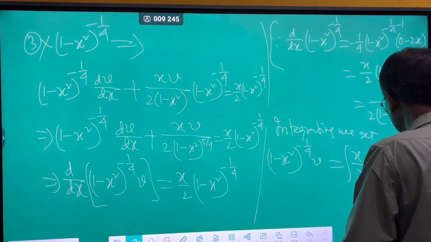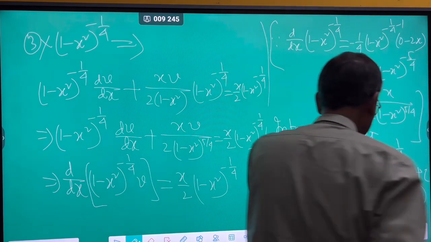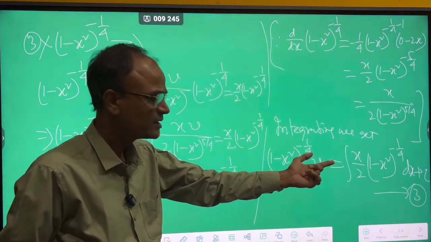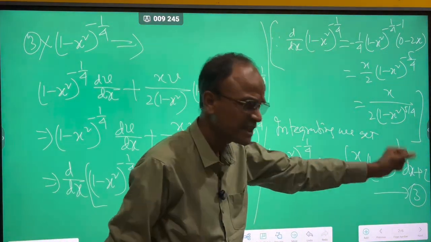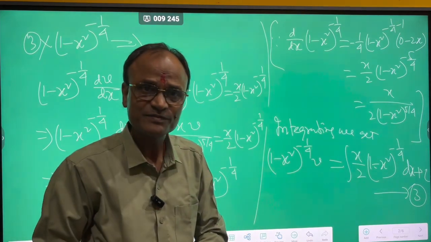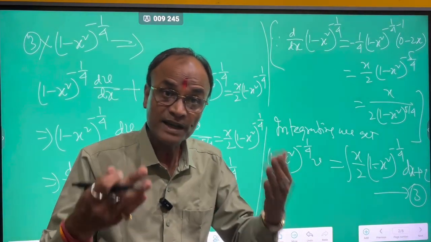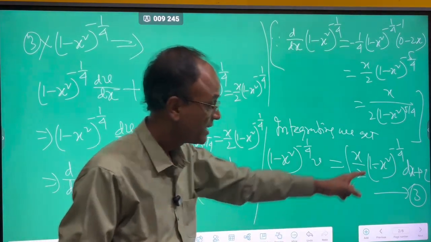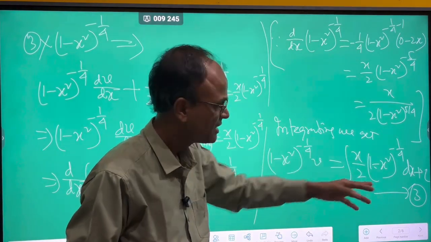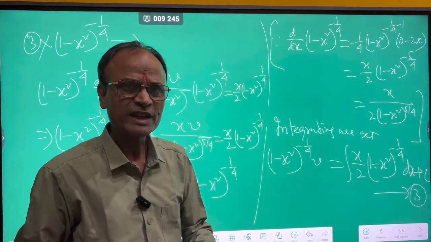Suppose this is number 3. You see, if you differentiate 1 minus x square, then you will get minus twice x. x is here, therefore write 1 minus x square is equal to z.